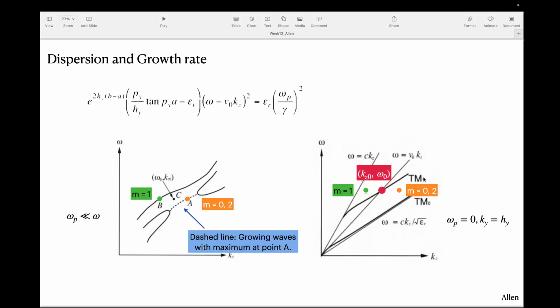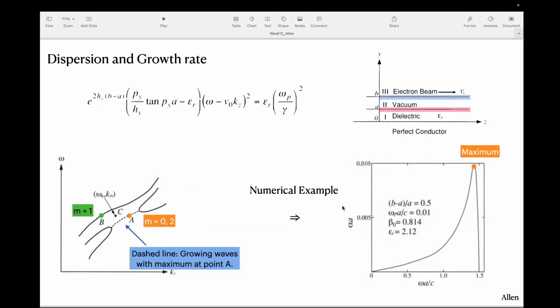It's inside here, where we are not at a red point, but just with a delta kz offset from it. A numerical example can be shown from here. As the dashed line goes, we can see that it starts to grow and has a maximum growth rate at point A, and then slightly decays afterwards.